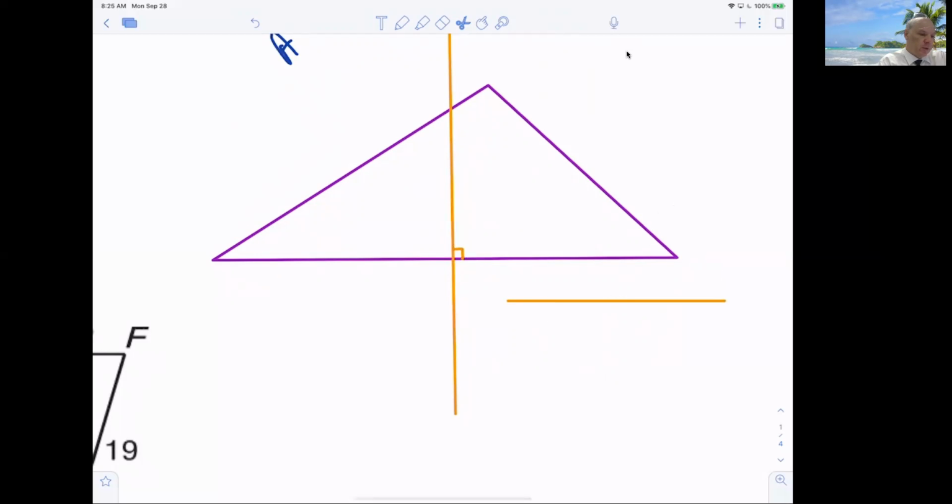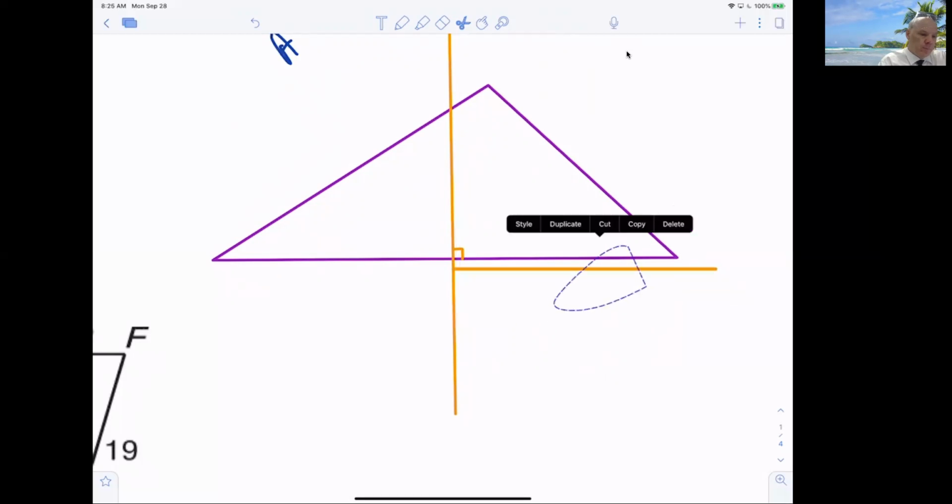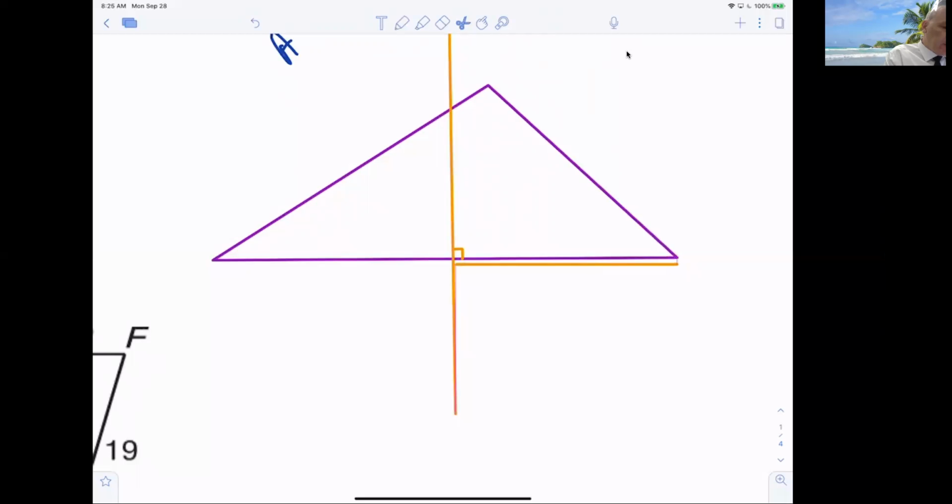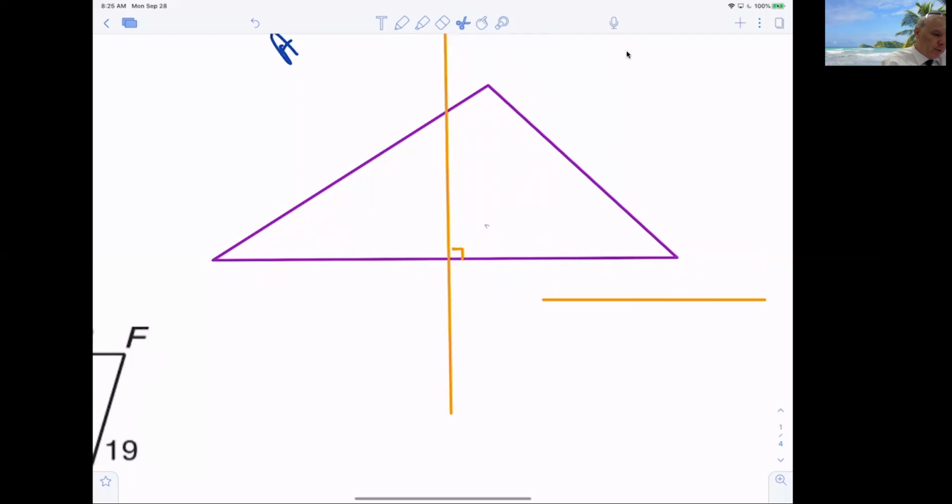All right, and let's see if that's better now. Nice thing about this iPad, that's pretty good. Now if I do it over here, still a little short. Now I'm perfect. So here we go. That to me is pretty close to being the perpendicular bisector.